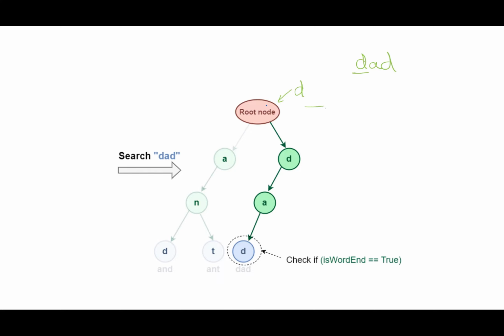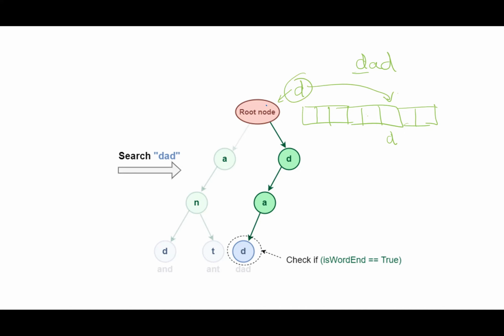The root node has an array of children, and there is a position for D. So you can just directly go in here and see if this is null or not.